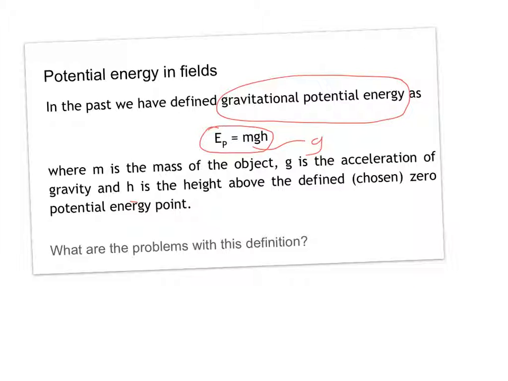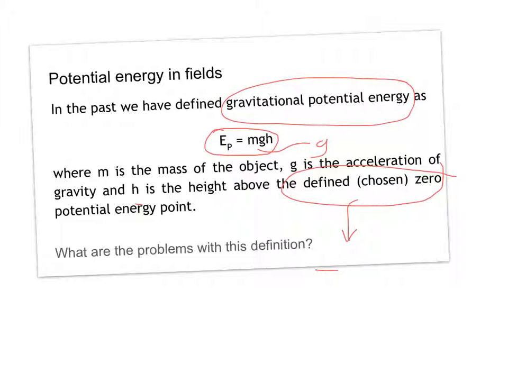And h is the height above a defined, chosen zero potential energy point, which is usually and quite arbitrarily chosen as the floor. So if you have an object at a distance h above the ground, we tend to just assume h, or even just change in h, but we still assume that this would be our point of zero potential energy.